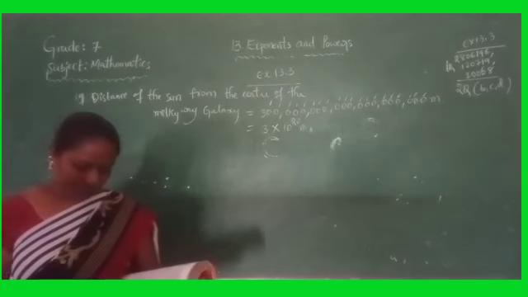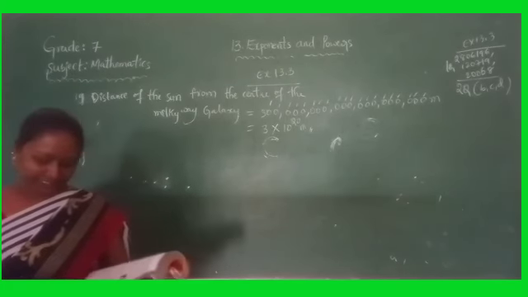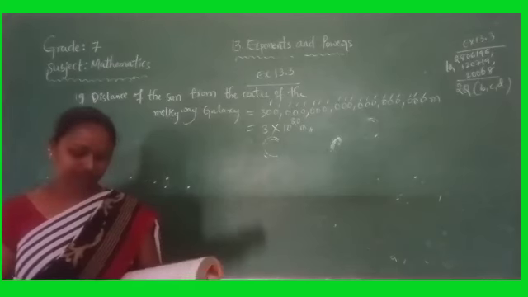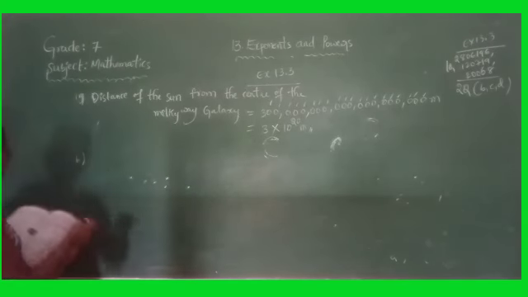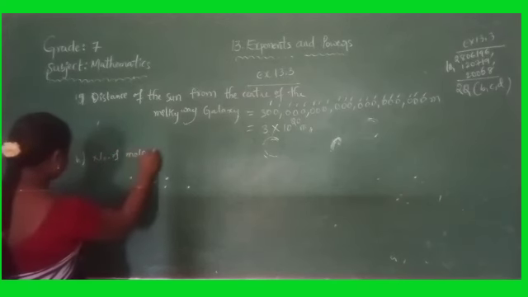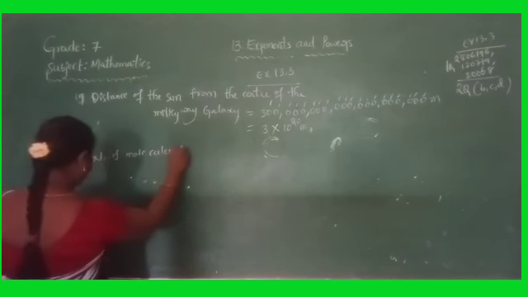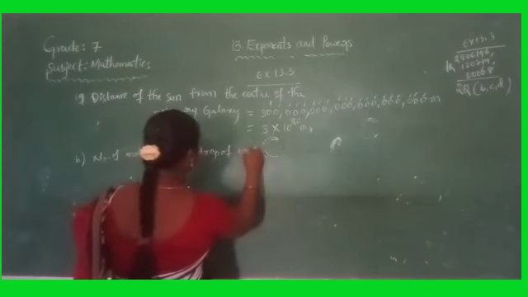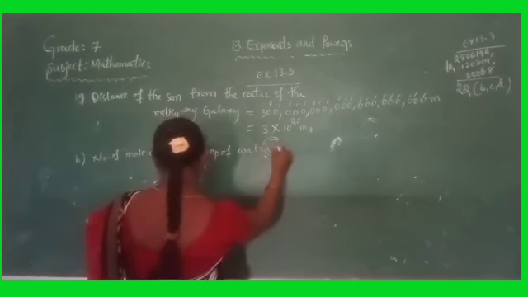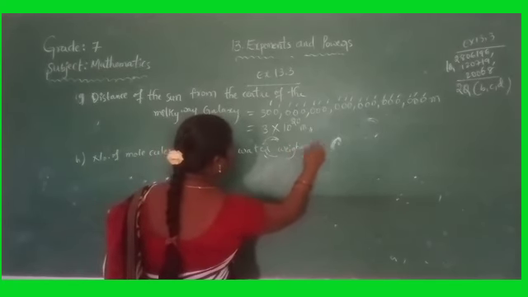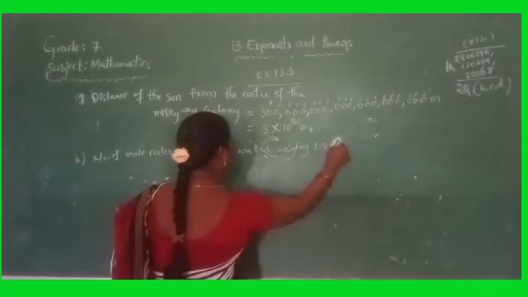60230 and so on. Molecules are contained in a drop of water weighing 1.8 grams. Okay, with the number of molecules we have to write. That is the number of molecules in a drop of water weighing, so how many grams? Weighing 1.8 grams.